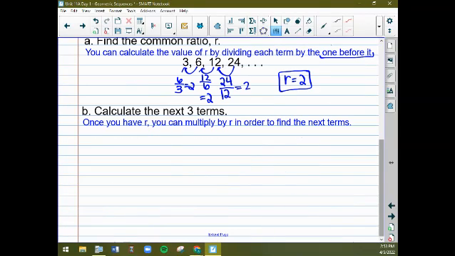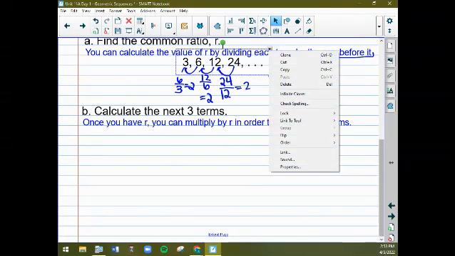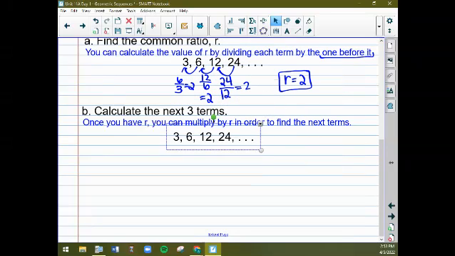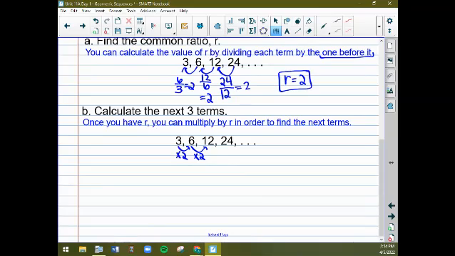Then it says calculate the next 3 terms. In order to get the next 3 terms, if I am going up, I'm going to be multiplying by 2. If I go backwards, I'm dividing by 2.